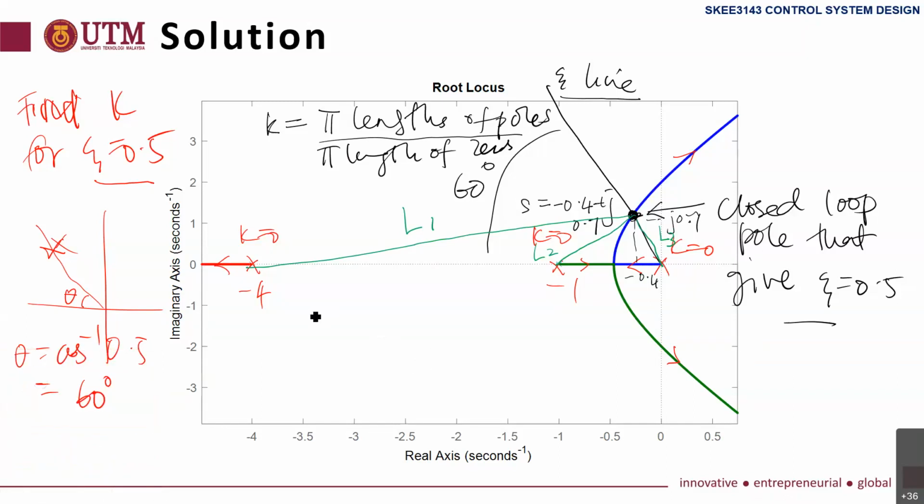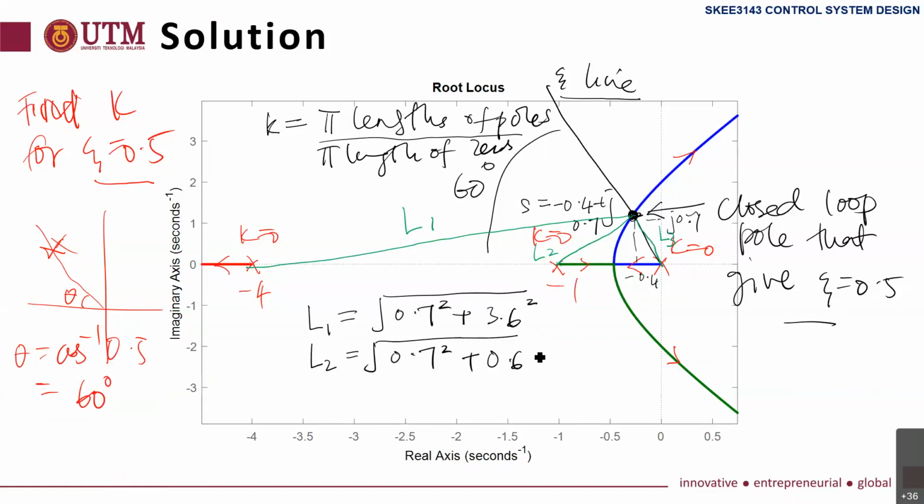L1 is the square root of 0.7 squared plus 3.6 squared. L2 is 0.7 squared plus 2.6 squared. L3 is 0.7 squared plus 0.4 squared.